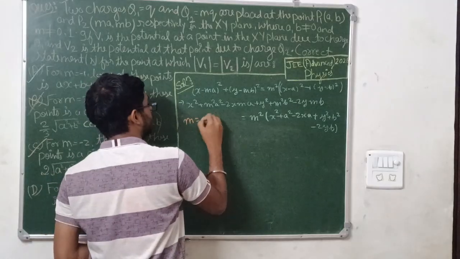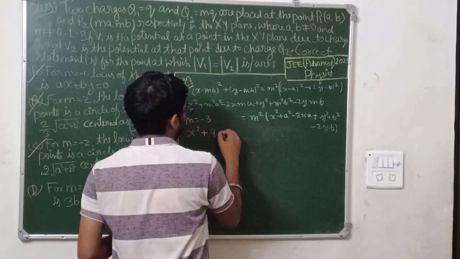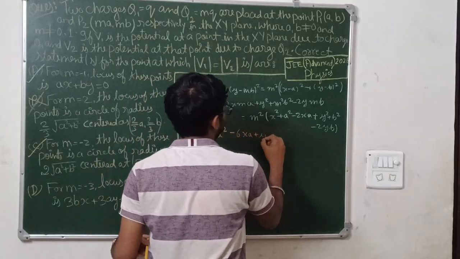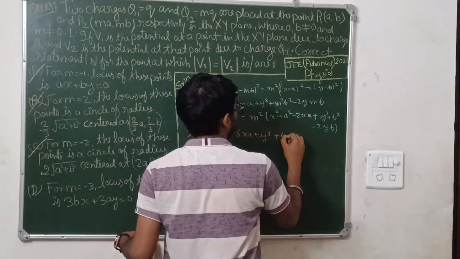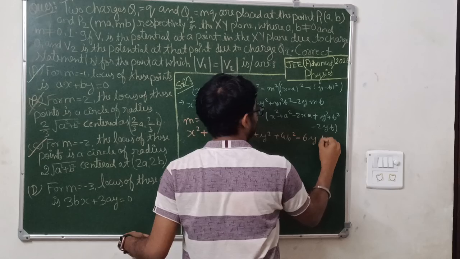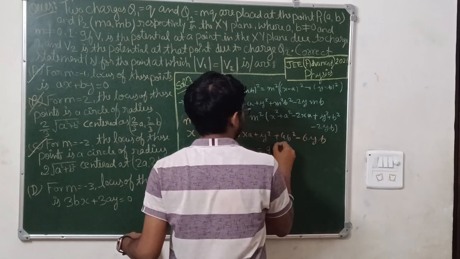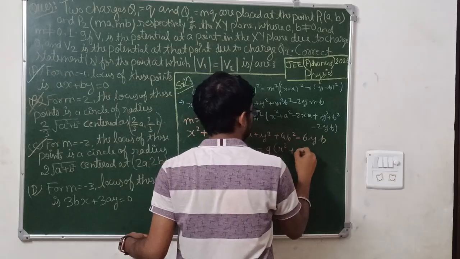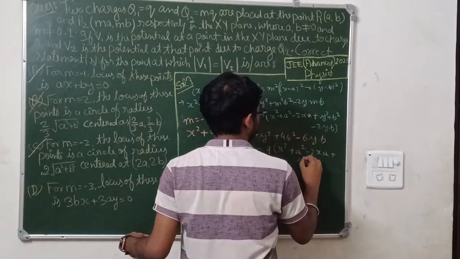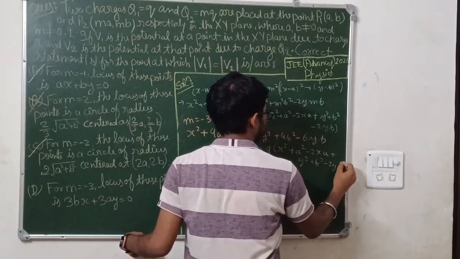So x square plus 9a square minus 6xa plus y square plus 9b square minus 6yb equals 9 times x square plus a square minus 2xa plus y square plus b square minus 2yb.